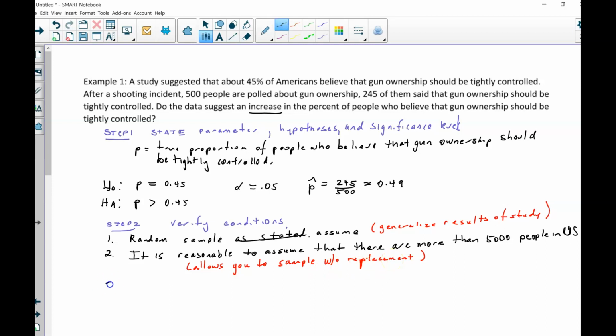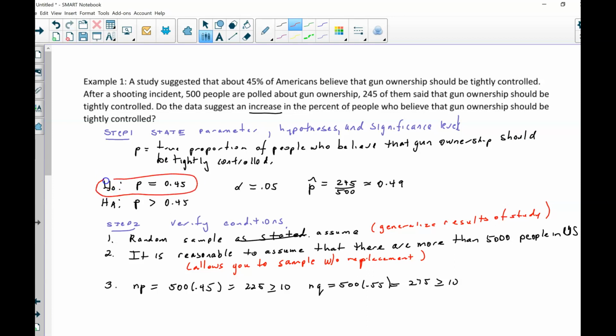Okay, so now we're on to the third condition, is the large count condition. Notice that you're using p, not p hat. Why are we using p? If you look back into our null hypothesis, we're assuming p to be 0.45.